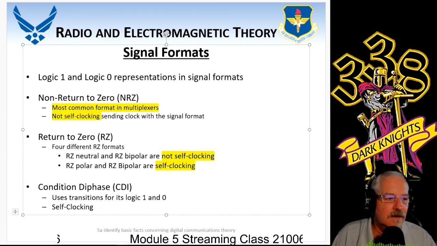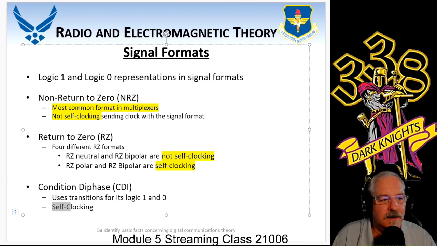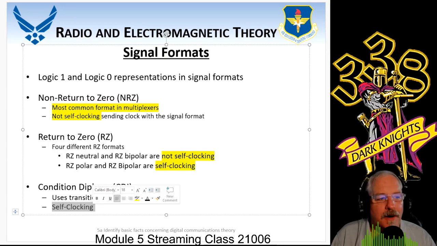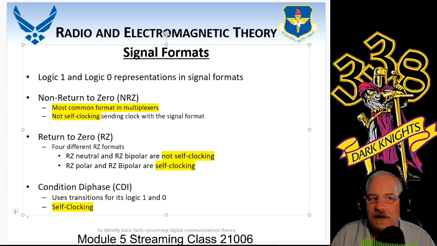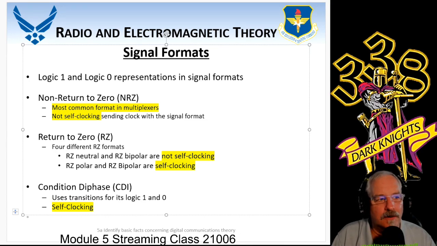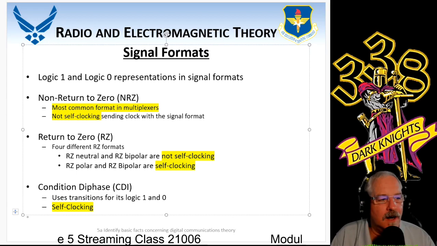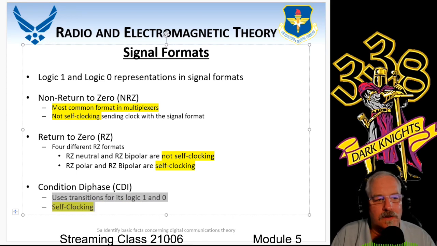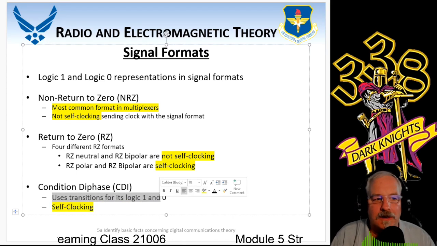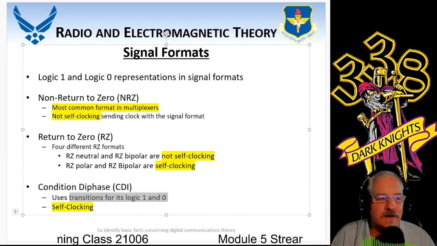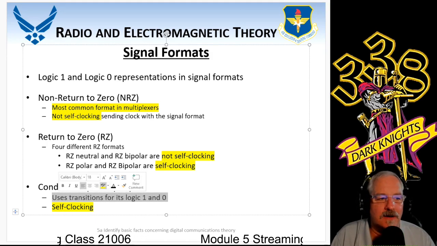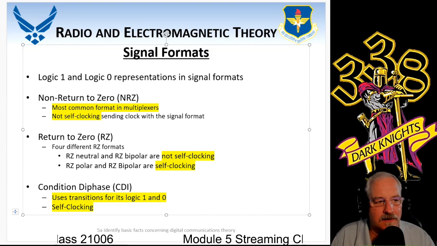And this one, conditioned diphase, is self-clocking, but it is so much different than the other two formats, the NRZ and the RZ, all because it does not use a voltage to determine its ones and zeros. It's all about the transitions.